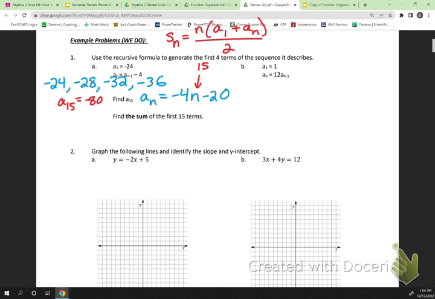What's my first term? -24. What's my last term in this series for 15? -80. And I'm going to times that by the number of terms. This is technically the sum, S sub 15, because I'm summing up the first 15 terms.